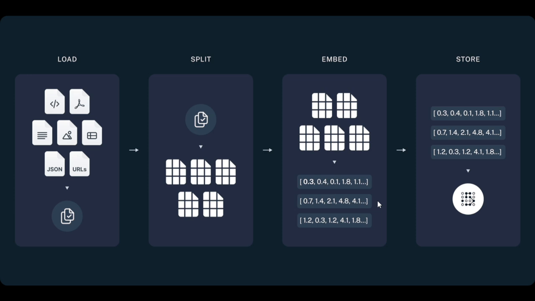After converting the data into numerical form, we store it as vectors. You can store it in RAM or in a storage device. In this video I'm going to store it in storage, in the form of a file.